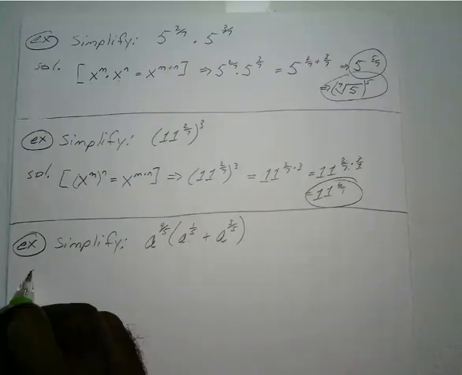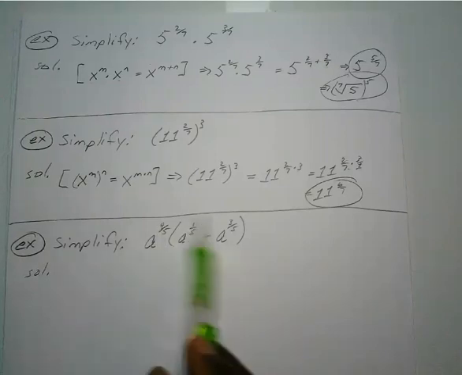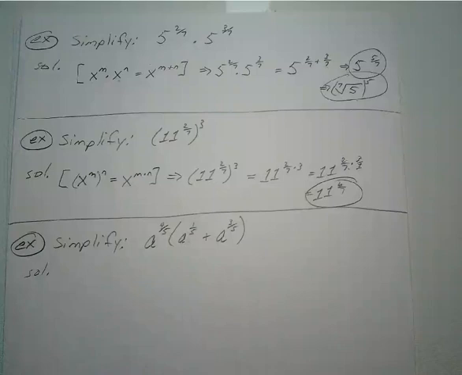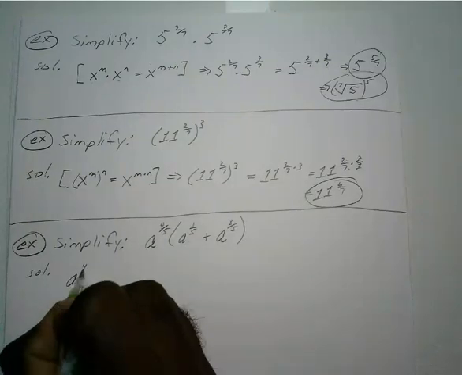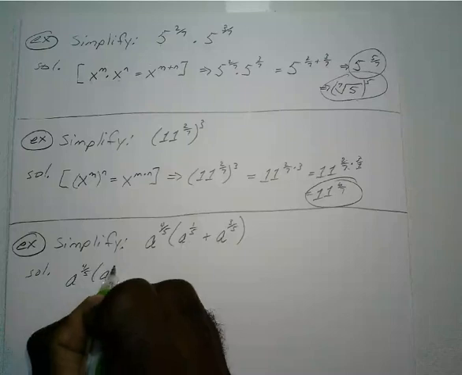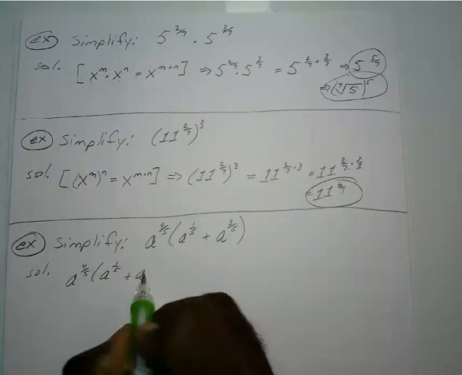Okay, now the first thing we're going to do here is go ahead and distribute, because we want to get rid of those parentheses. So you have a to the 4/5 power times a to the 1/5 power plus a to the 3/5 power. We're going to distribute that a to the 4/5.